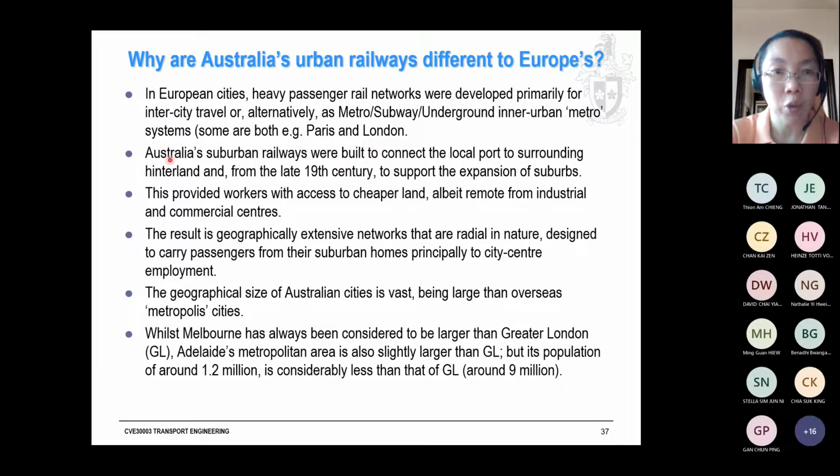But for Australia, it is more about connecting the local port to surrounding areas or hinterland, and then subsequently it expanded to the suburbs. So this is where the people who are staying in the suburbs would then come in. Geographically they are different, and the purpose that it was initially built for is also different.